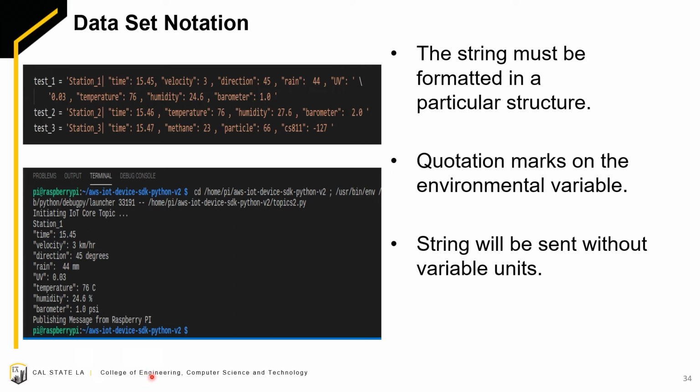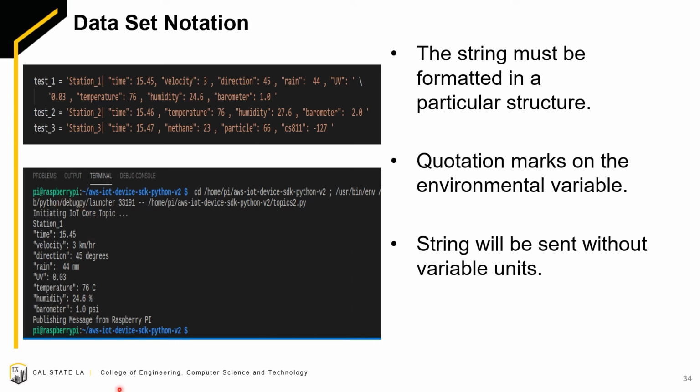Another thing is that we didn't send the packets with the variable units. If you can see here, we don't have kilometers per hour, or PM or AM. That's because we will include that in the printout itself.